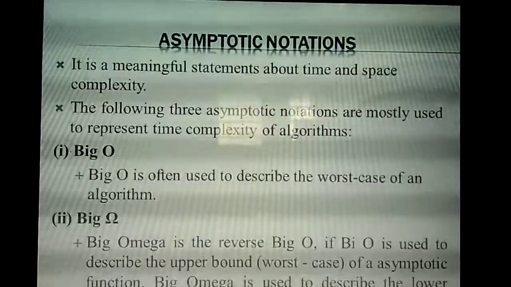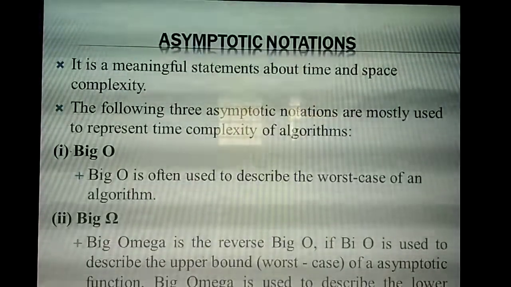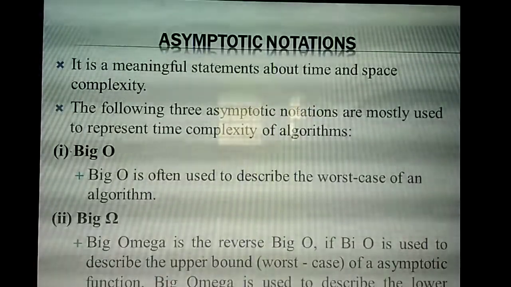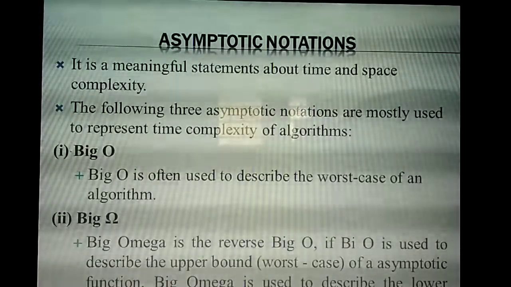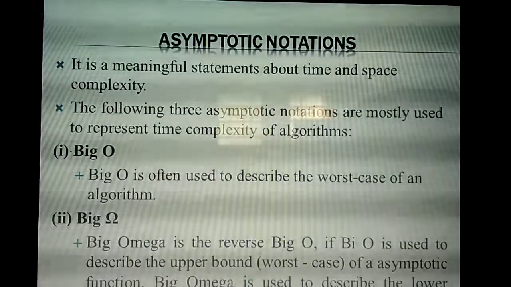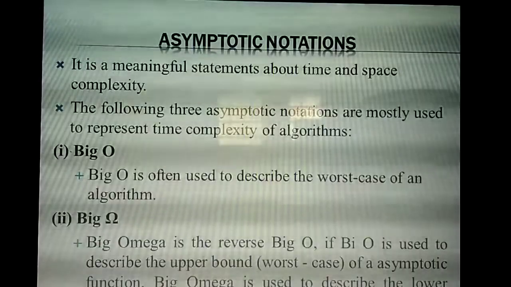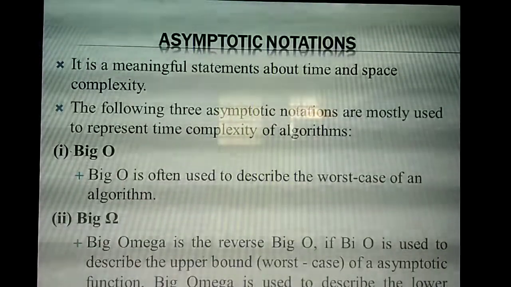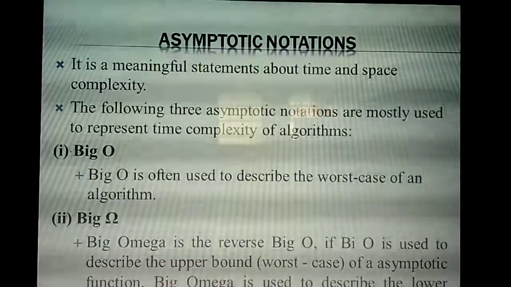Understand? So, three asymptotic notations you have studied to calculate time and space complexity. What are they? Big O, big omega and big theta. Big O is always used to describe the worst case of an algorithm, that means upper bound, and big omega is always used to calculate the lower bound, that means best case.